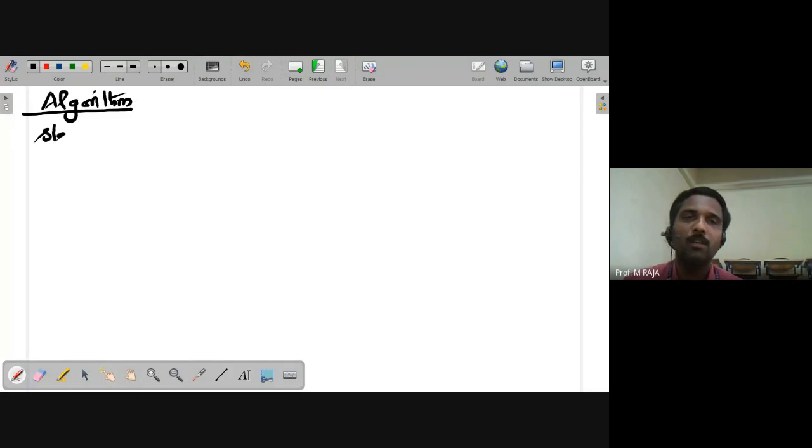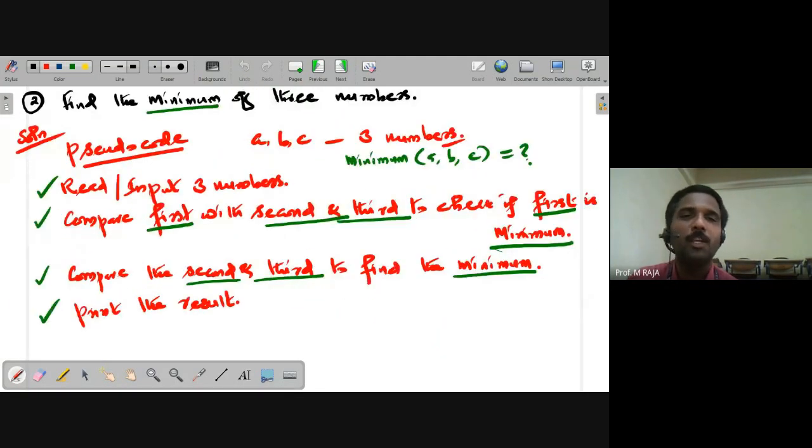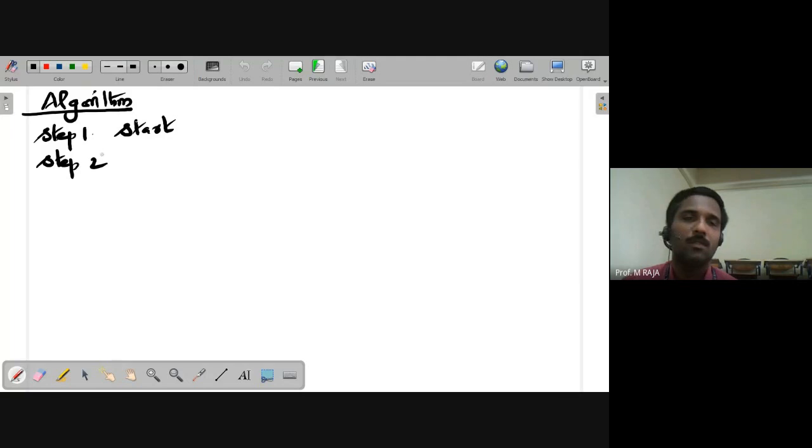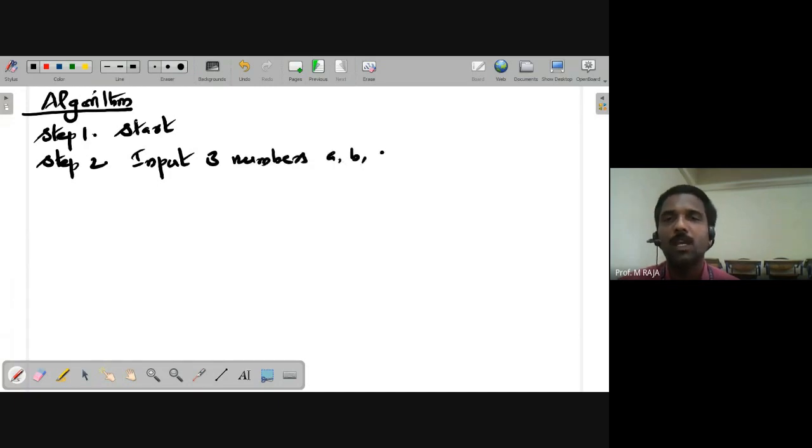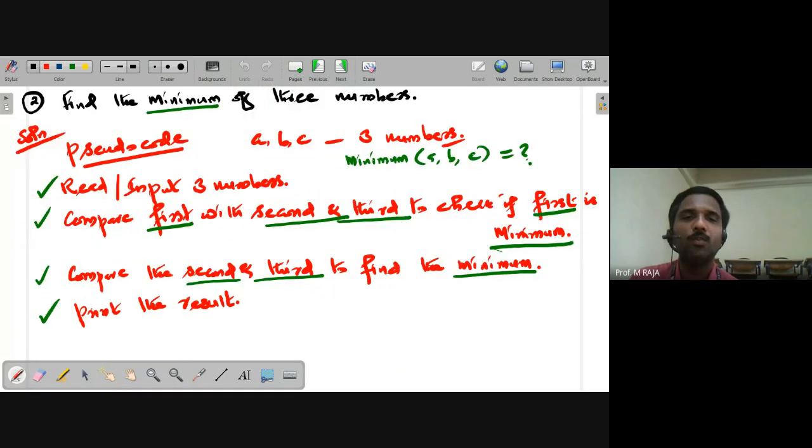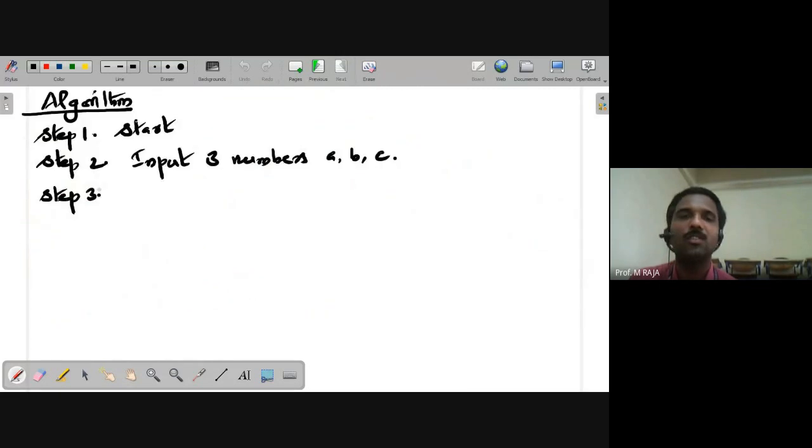Algorithm. Step 1, start. Step 2, input three numbers in the variables A, B and C. Then step 3, we need to compare first to the second and the third.